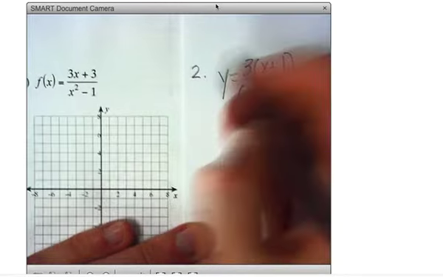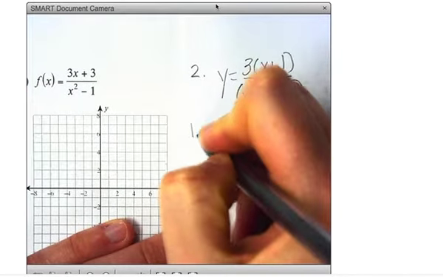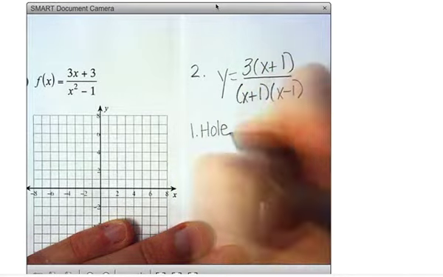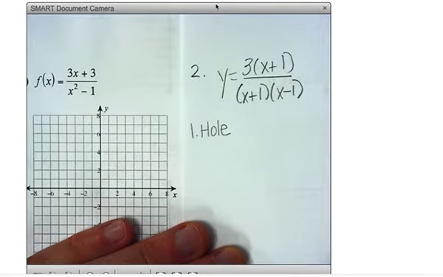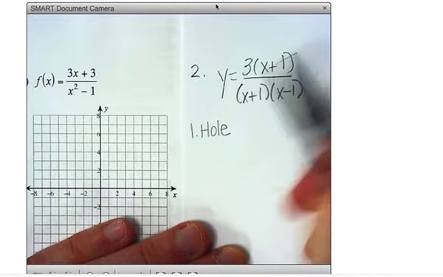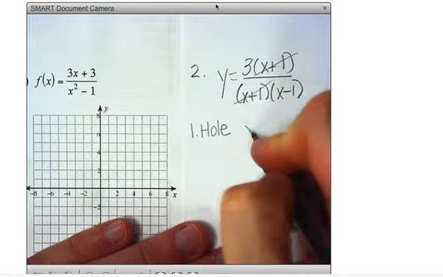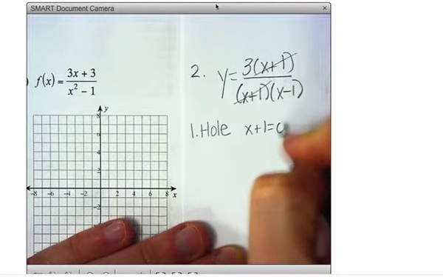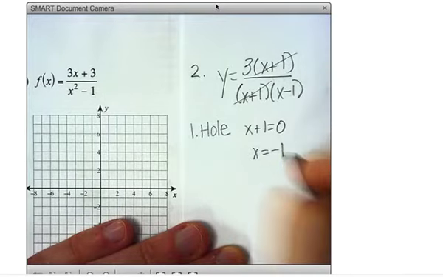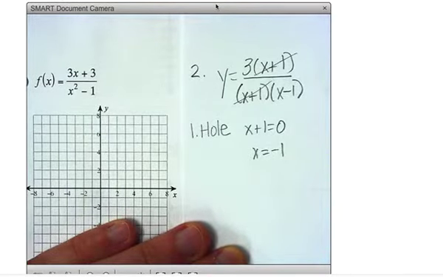All right. Let's do a hole. There's one at -1. What crosses out? So this goes away. So because that goes away, I set it equal to 0 and solve for x. So there's a hole at -1.